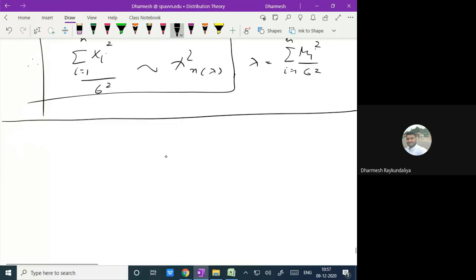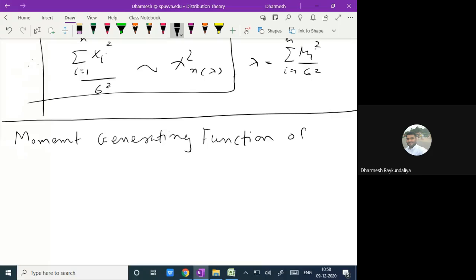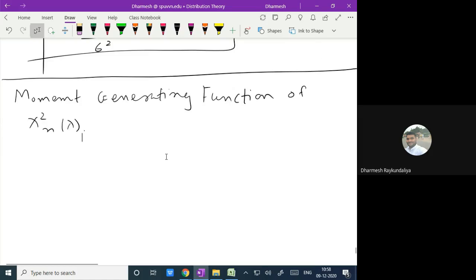Now we will discuss the moment generating function of non-central chi-square with n degrees of freedom.